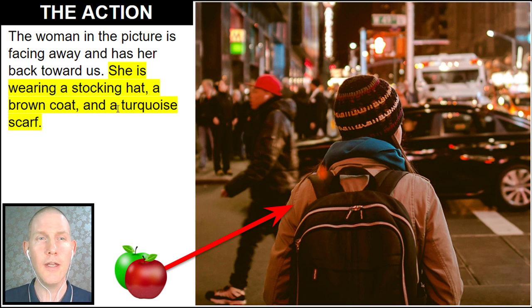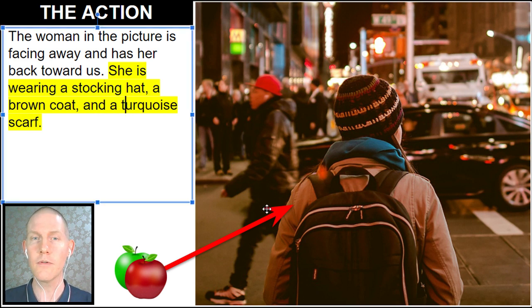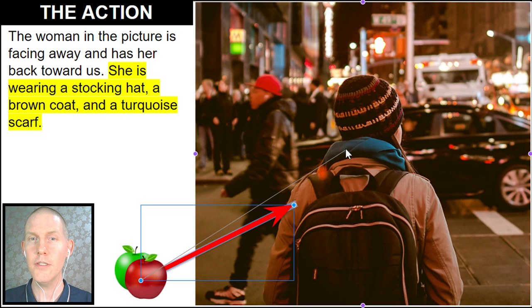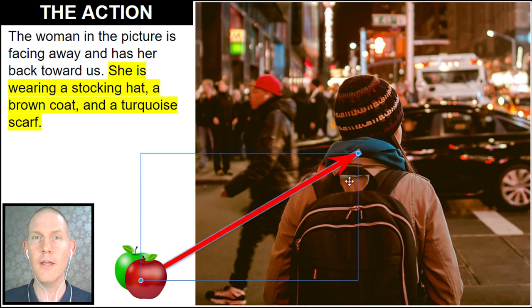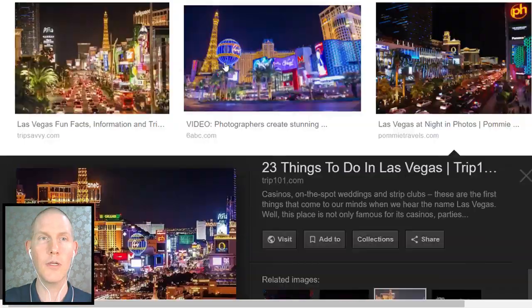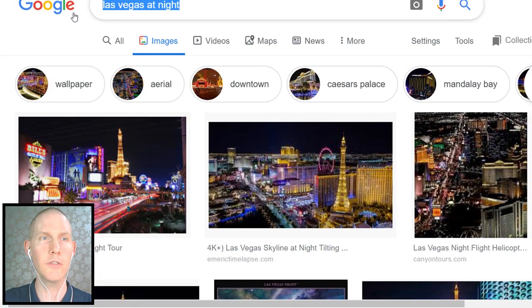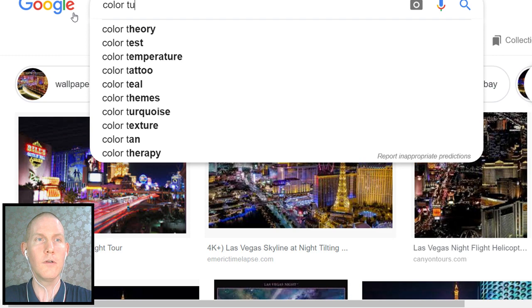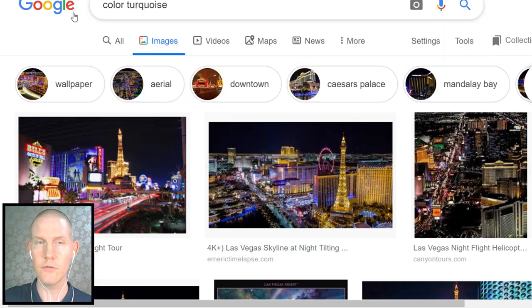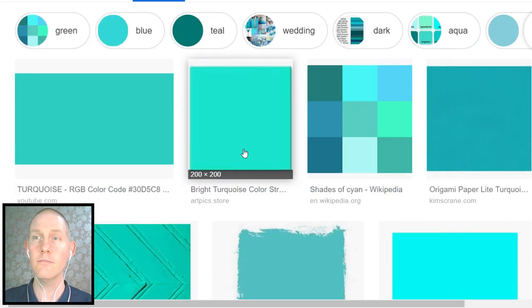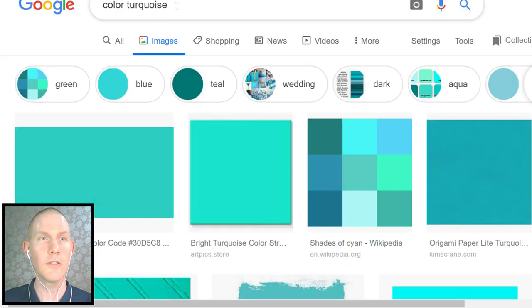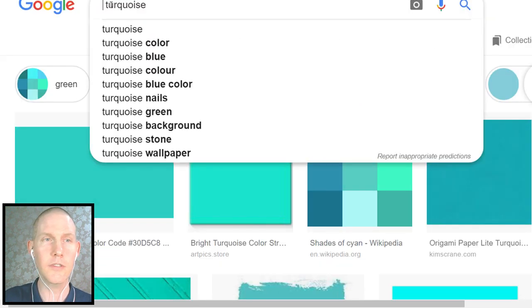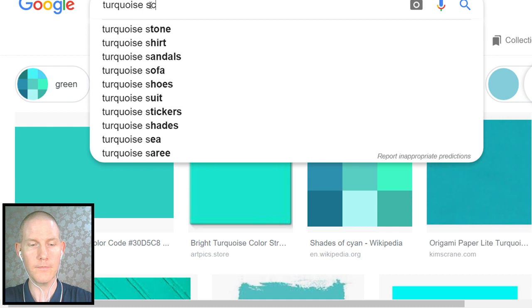Let's see, and a turquoise scarf. All right, this would be the scarf. And let's take a look at turquoise. Let's go back here, look at some pictures of the color turquoise. All right, so this is the color turquoise. So let's see if we say a turquoise scarf, what happens?